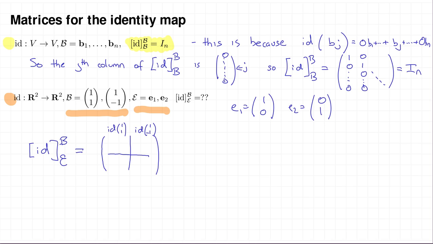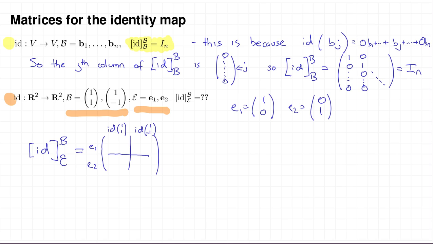So in this case, E1 and E2. So this is always how it works. The columns should be thought of as labelled by elements of the initial basis, and the rows by elements of the final basis.